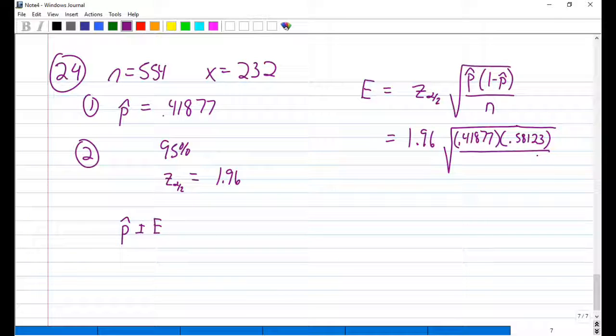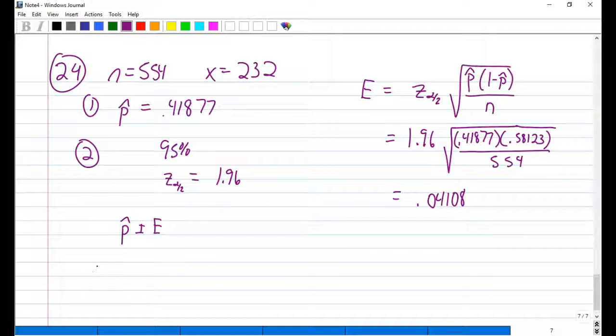And that's all over n, the sample size of 554. All right, so whenever you multiply that out, you need to multiply that, divide, take the square root, and then once you get that answer, you multiply it by 1.96, and you should get around 0.04108. That's our margin of error.